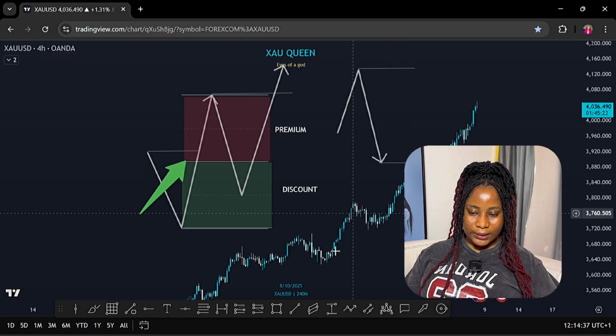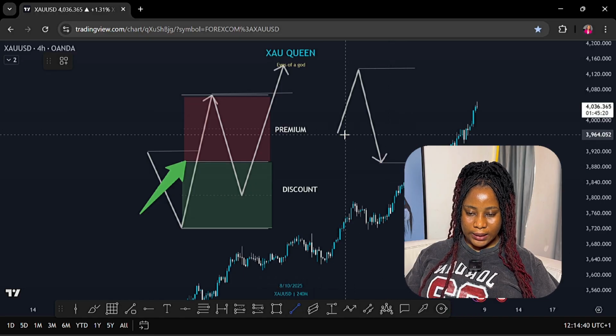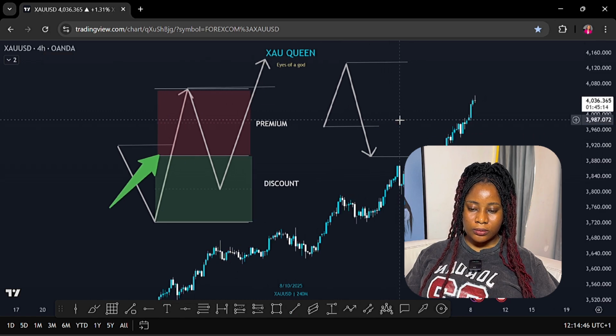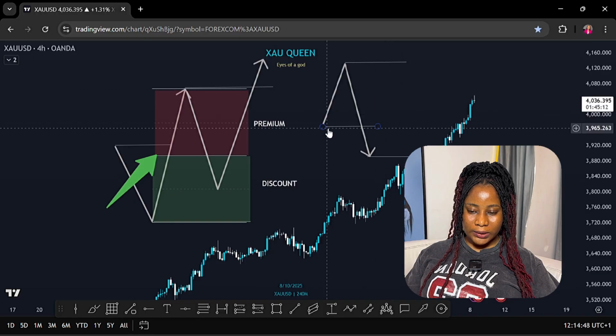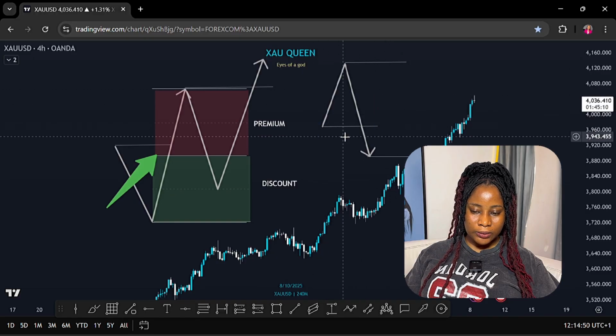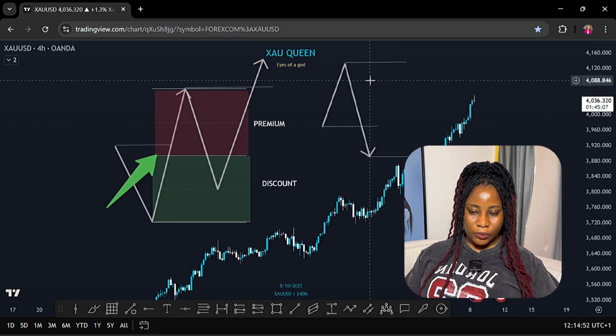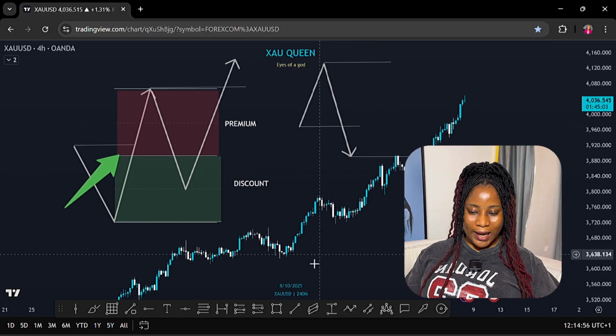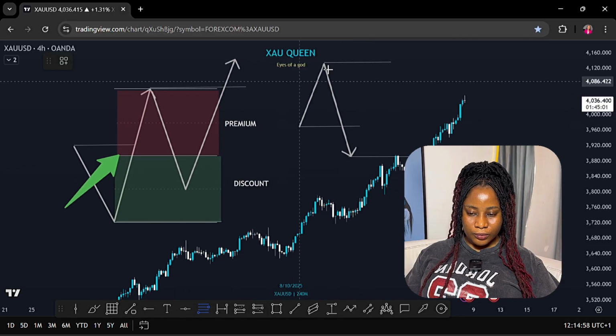Here is our break of structure. So once price has taken out this external liquidity, we are expecting it to pull back to use an internal liquidity. But should we be buying from a premium zone? No.